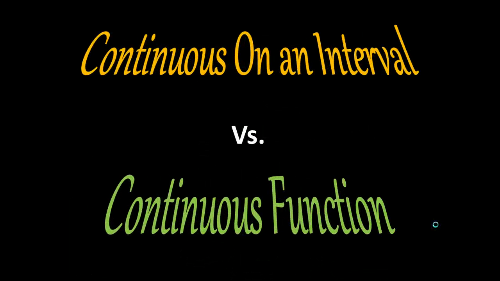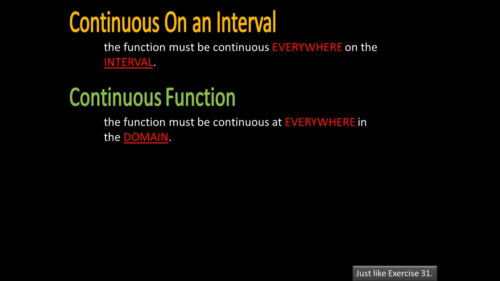Okay, we're going to discuss what it means to be continuous on an interval versus the entire function being continuous. To be continuous on an interval is actually a little bit more strict. To be continuous on an interval, the function has to be continuous everywhere on that interval.